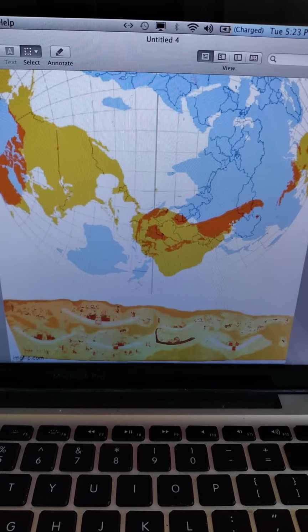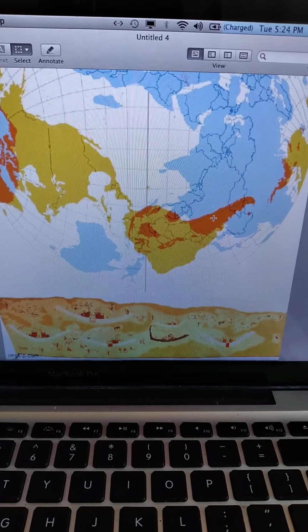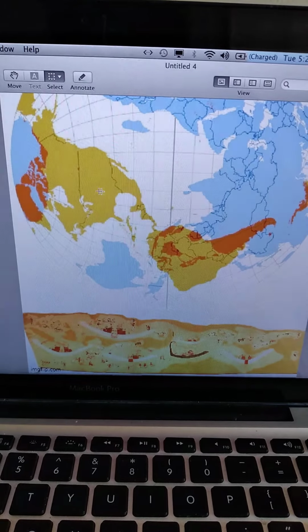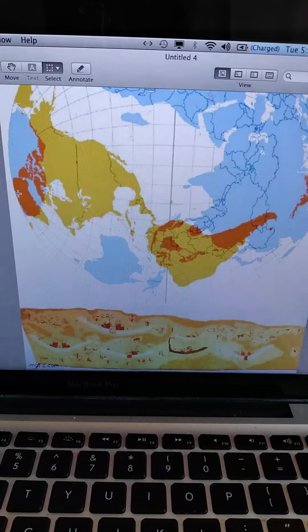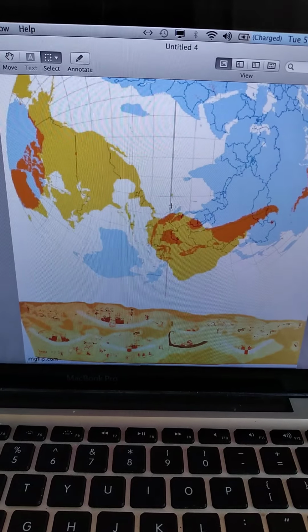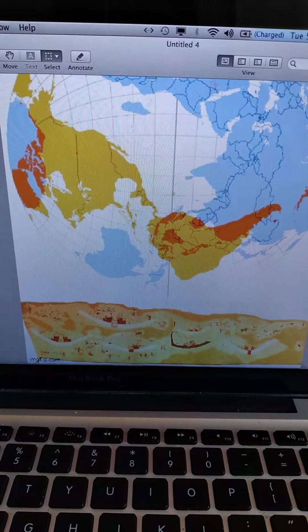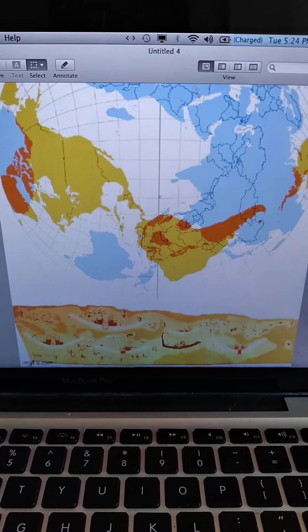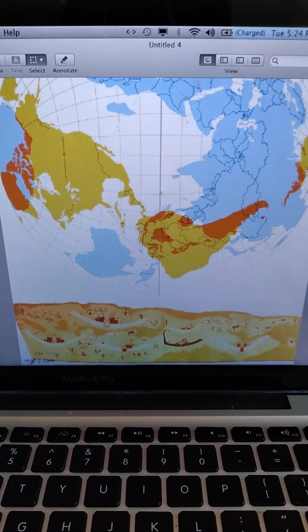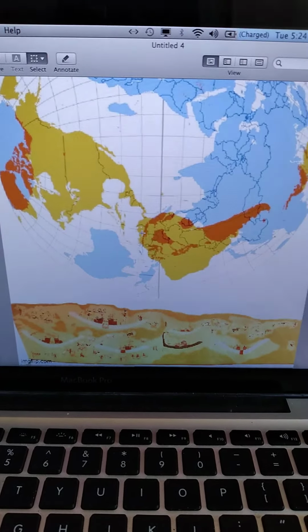South America is antipodal to this part of the northern hemisphere. The furthest north part is antipodal to the furthest south part, and of course left and right, east and west, north and south, they all become their opposite in the underworld, in the antipodes.